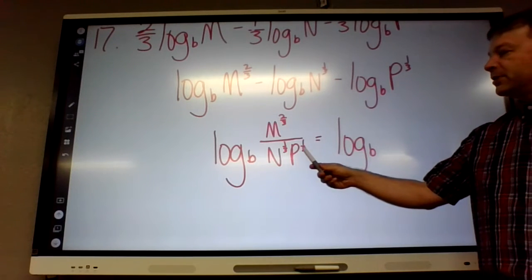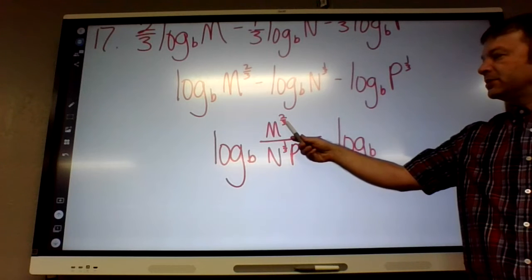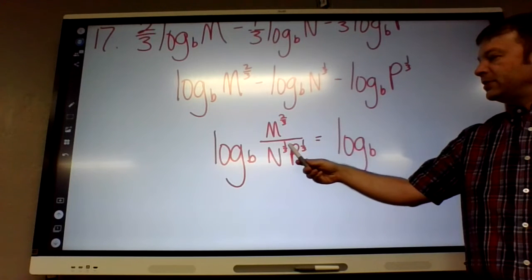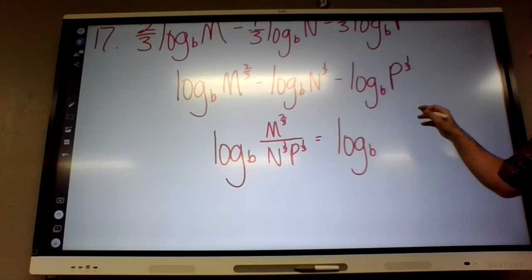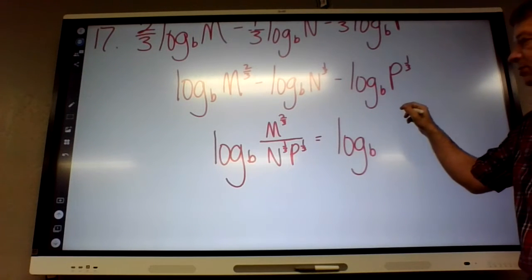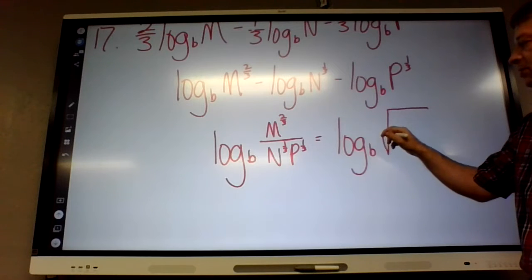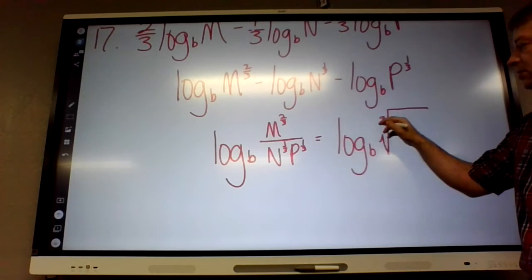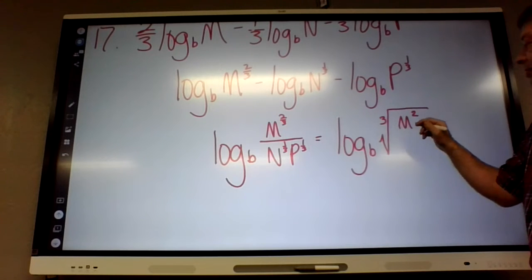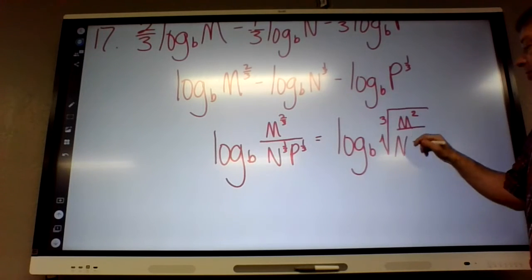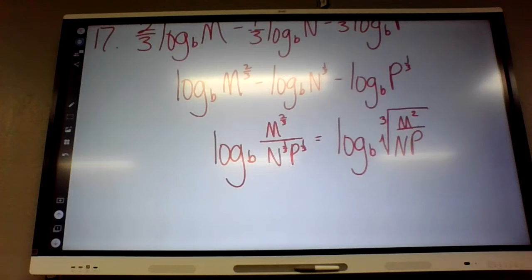Well, the third, if the denominator's a 3, what does that kind of translate into for exponents? Cube root, right? So it's the cube root of m squared over np.